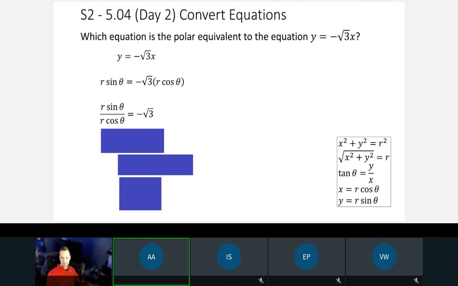We could convert them to x and y, but I don't think we want to do that. Remember, our goal is to convert from x and y to r and theta for polar. So we're done using that box in the bottom right-hand corner. We just need to simplify this equation now.